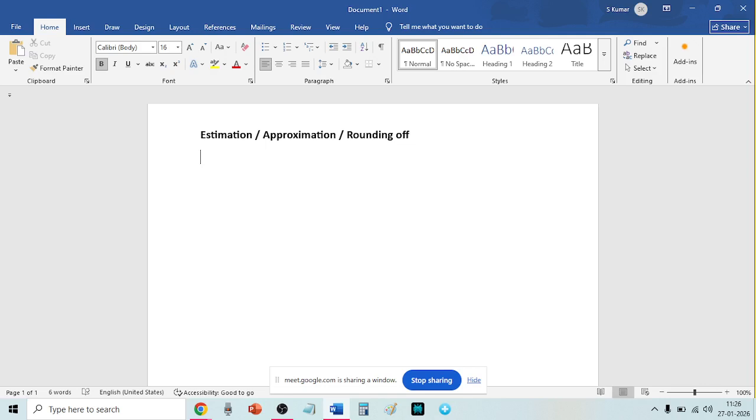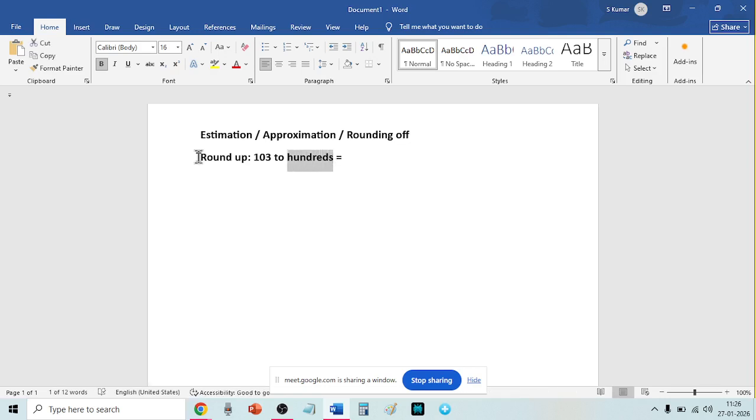Supposing there is one difference between round up, round down, and round off. Round up means you will always take the higher value. If it is round up, 103 to tens, let us say. 100 will be too big.